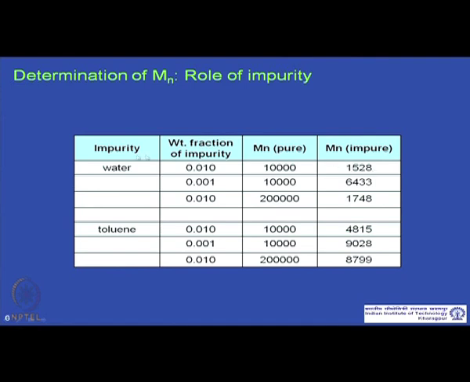So basically even 1% by weight presence of water as impurity decreases your determined Mn by a large factor, which means we must be very careful about impurities, especially low molecular weight impurities, while determining the number average molecular weight, because they have a very detrimental effect on the value we get from the number average molecular weight determination.